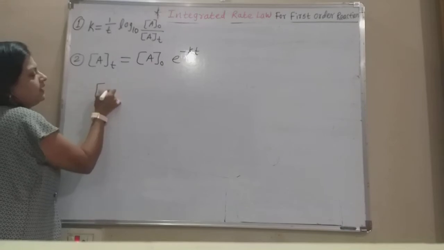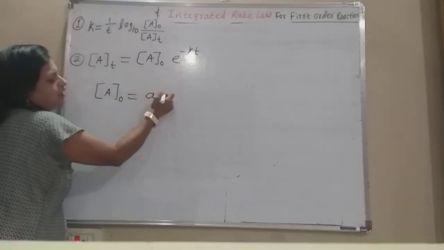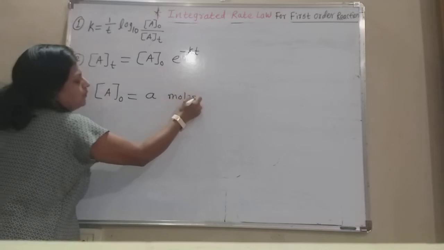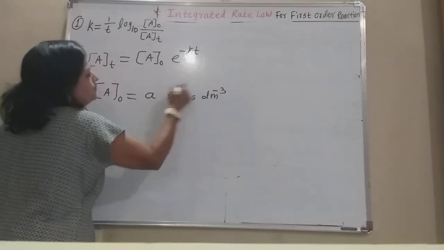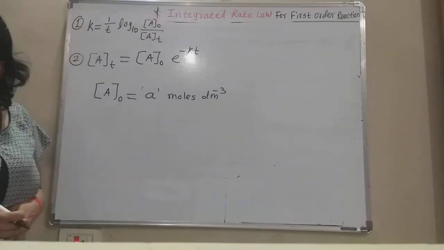I write here A0 is equal to a moles per dm cube. Now this is the initial concentration, a moles per dm cube.